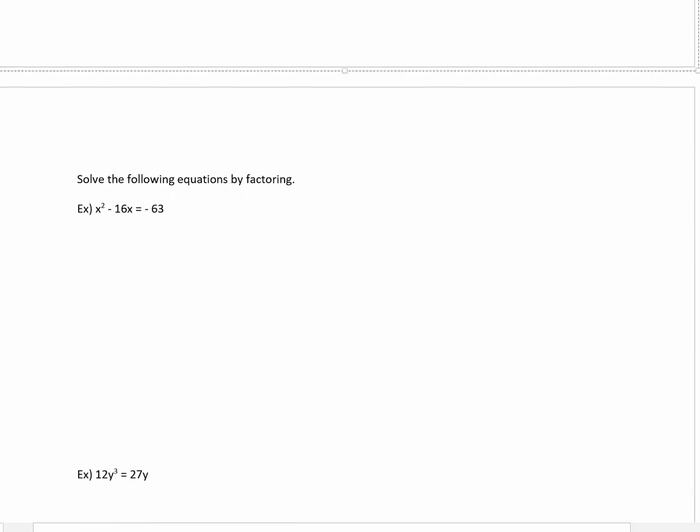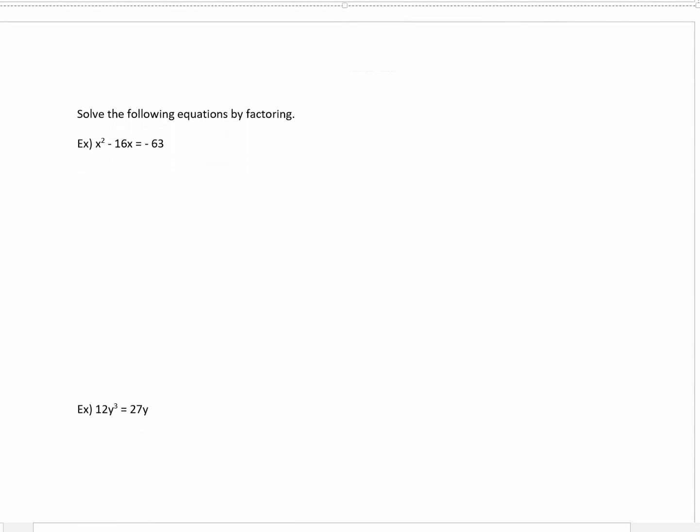Okay, so let's solve the following equations by factoring. So again, the first thing I want to do is move this term over to the left-hand side. So I'm going to add 63. And remember, I want to set it equal to 0, so eventually I can use that zero product property. Okay, so let's factor. Remember, we check to see if there's a greatest common factor.